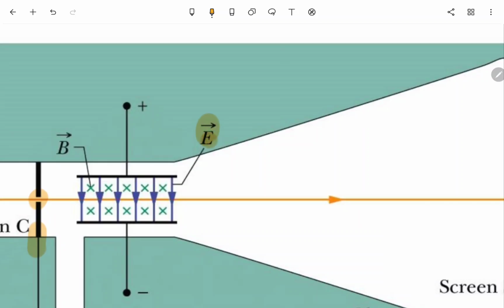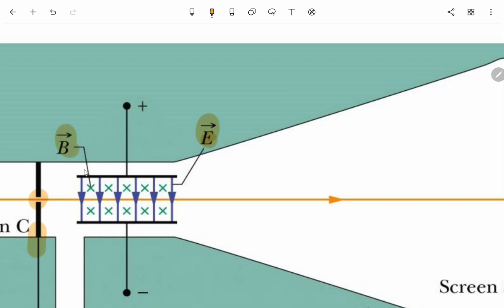For the E field, it used the green arrow to identify there is an E field pointing downward. We use parallel plates to generate this uniform E field pointing downward. This is the positive side, this is the negative side. Then we also have the B field pointing into the page.